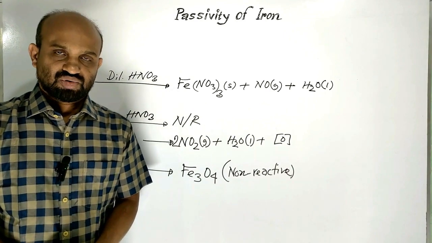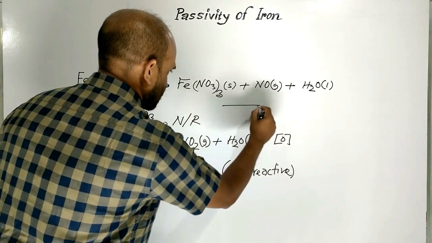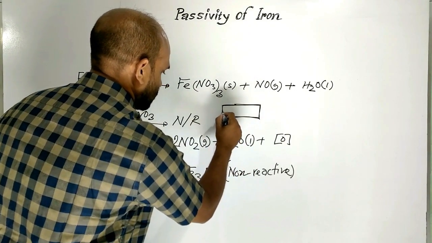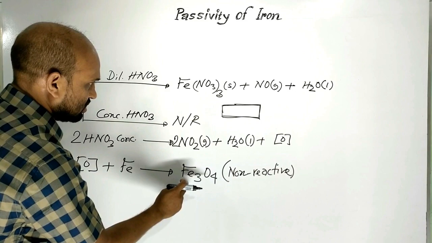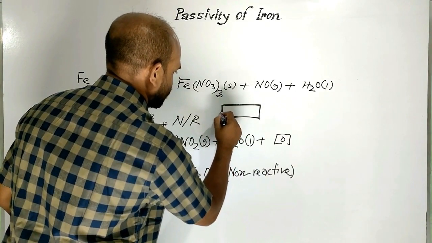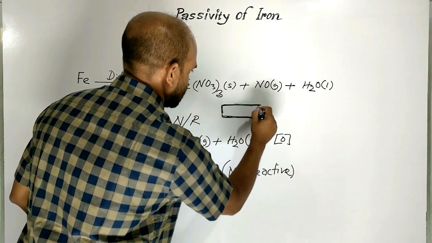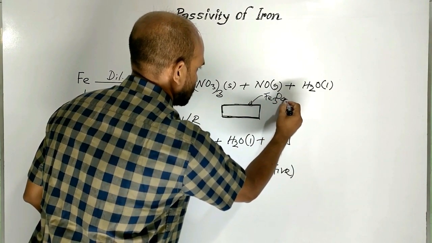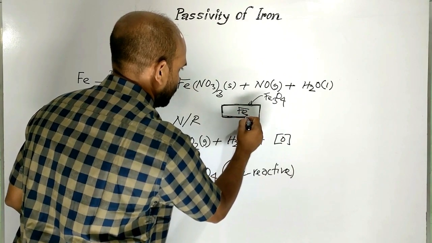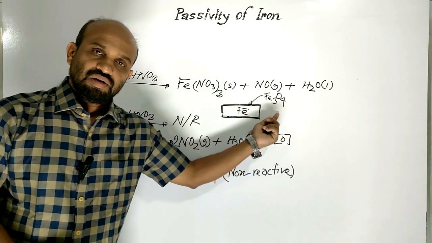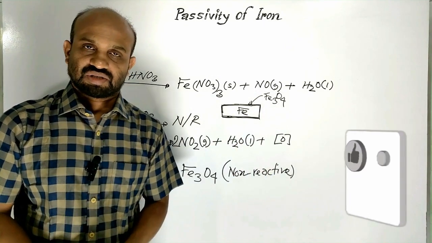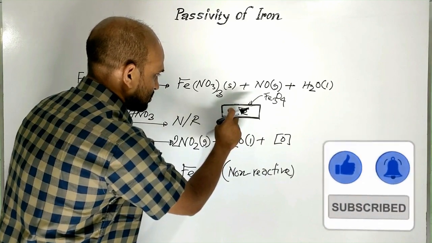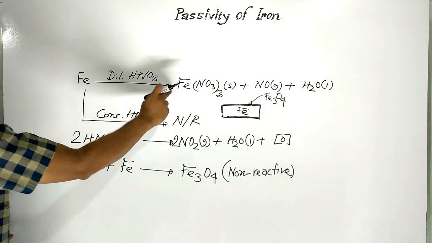The matter is actually like this. Suppose this is iron. Over this iron, a thin layer of ferrosulfuric oxide is formed, which protects iron from further reaction.